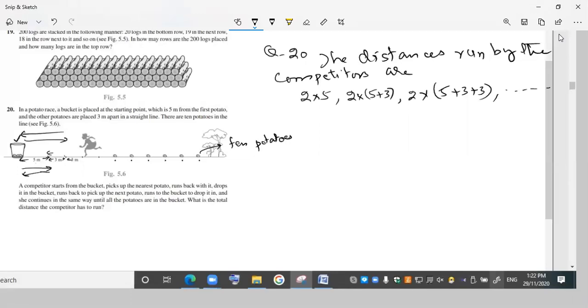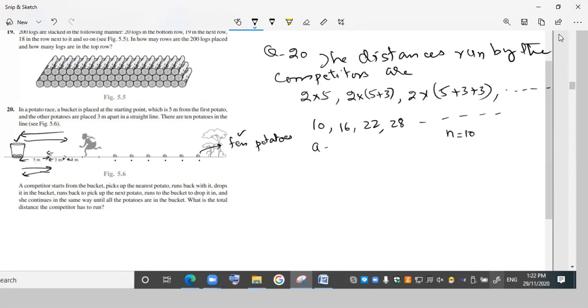And therefore, when you solve it, we get 10, then 5 plus 3 is 8, 8 twos are 16, then 22, then 28. And how many terms are there? Because there are 10 potatoes kept, 10 times he has to go to and fro. So the number of terms is 10. We have to find the total distance the competitor has to run. So the total distance will be equal to the sum of these terms, and the number of terms is here 10.